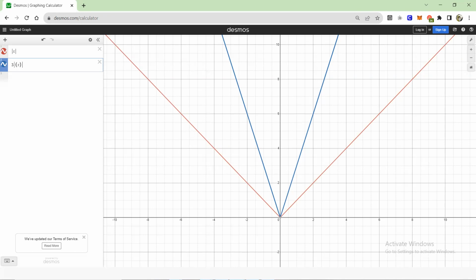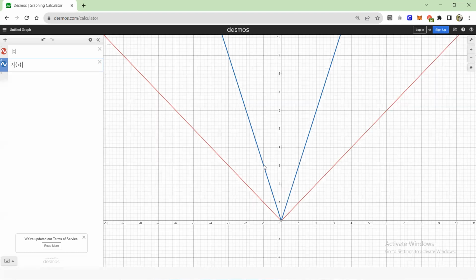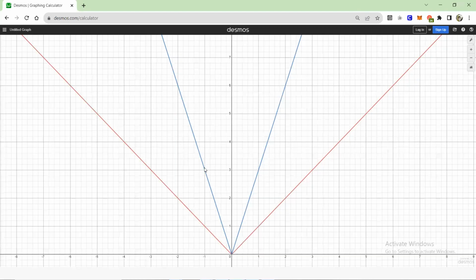Some points here: 0, 0, and 1, 1. Negative 1, 1, this point right here, turned into negative 1, 3.